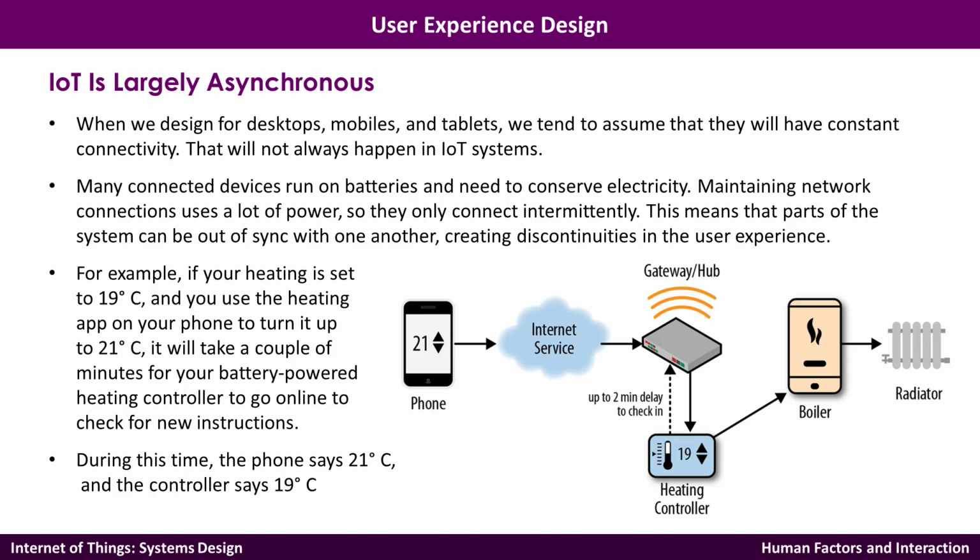So now it needs to go and increase the temperature. If the instruction was given using a mobile phone, it takes a little bit more time to go to the home hub, and then another few minutes to push that value to the actual heating controller, and maybe even to update the screen on the wall, and then another couple of minutes to actually increase the temperature of the boiler.